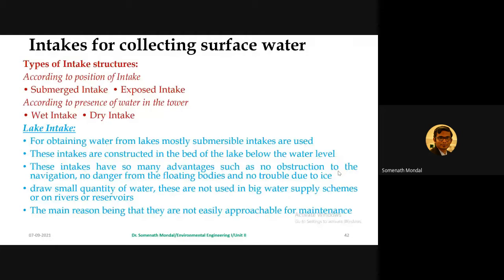The first one we are going to discuss is the lake intake. As far as classification is concerned, these are the types we will get, and we will realize whether this is a submerged one or a wet one once we discuss these different types of intake in detail.